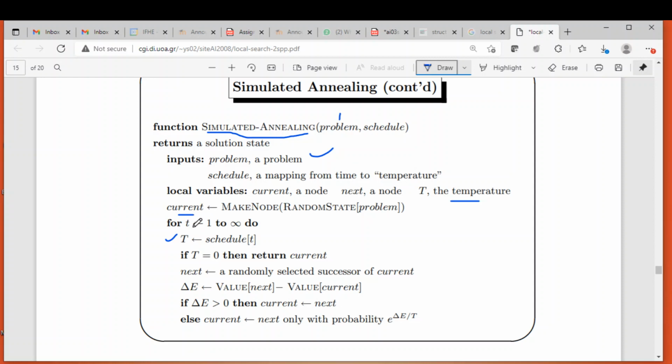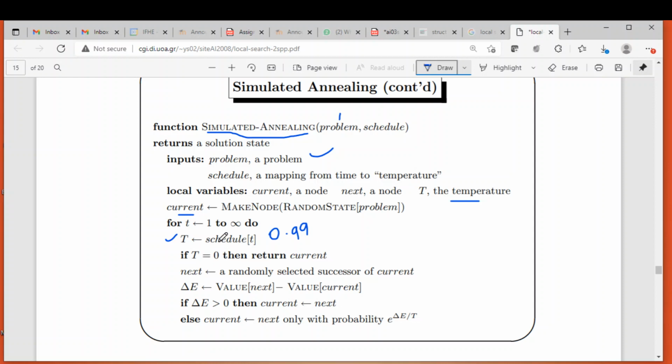When the algorithm starts, t is 1, and at this time the T value will probably be high. It may be 0.9 or 0.99, a very high value. But as the rounds increase, this T value will decrease. Okay. If T is 0, then return.